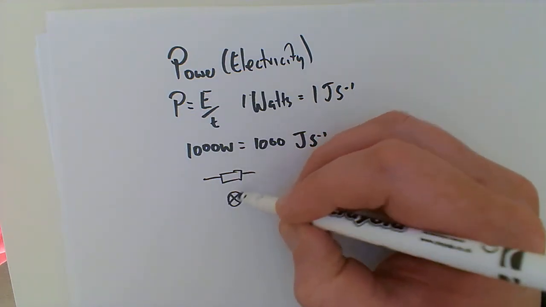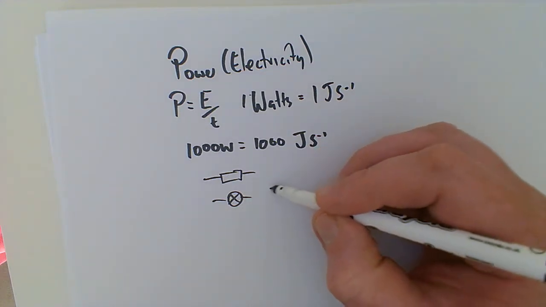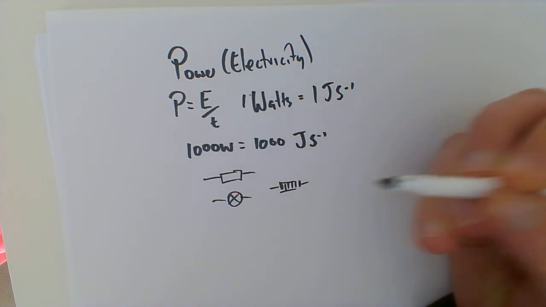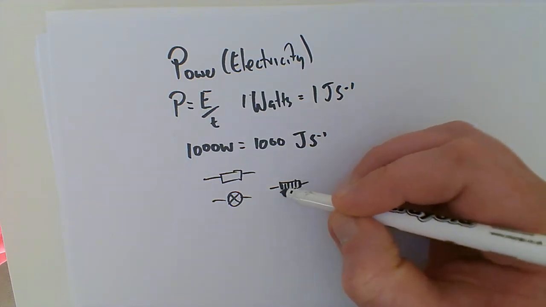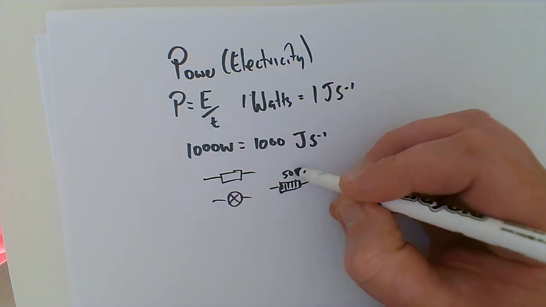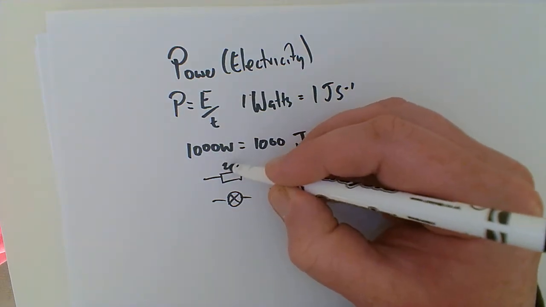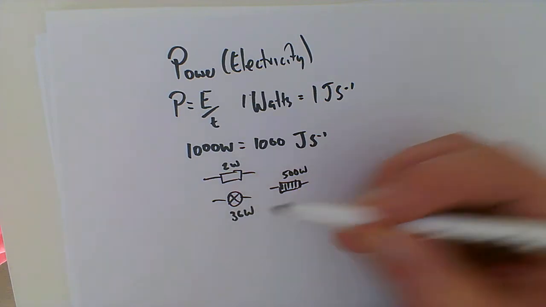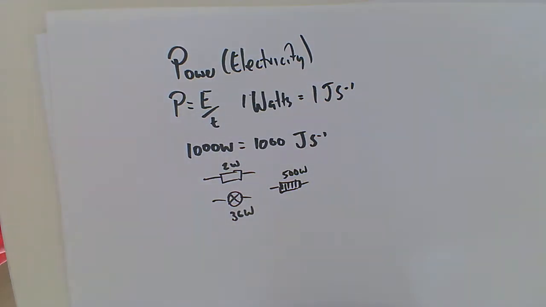The bulb would have a power rating. A heater obviously has a power rating, and the ones that transfer energy the most will have a higher power rating. So the heater might be 500 watts, whereas a normal resistor might be only 2 watts, and a light bulb 36 watts or whatever.